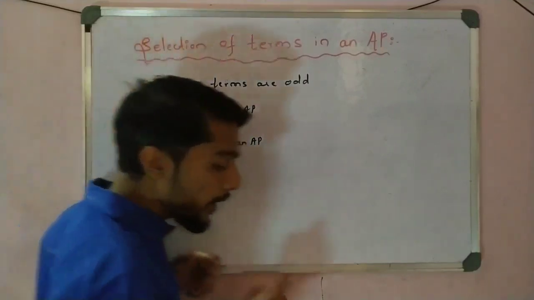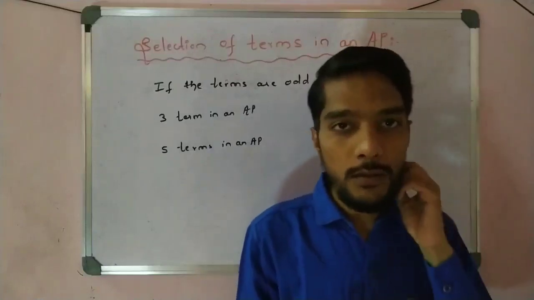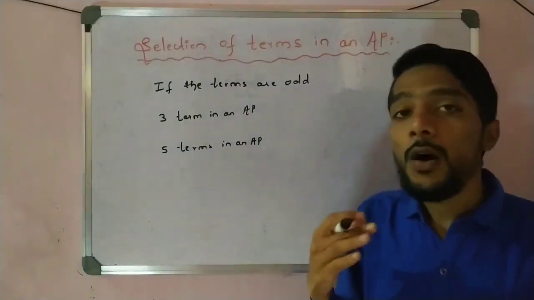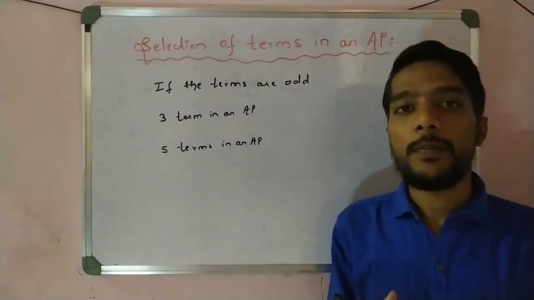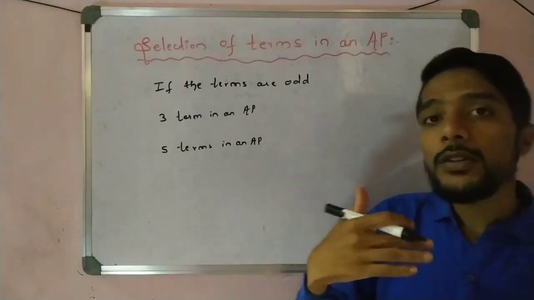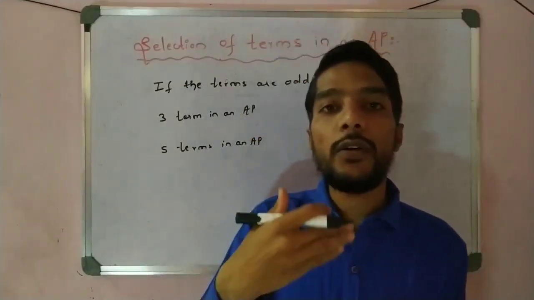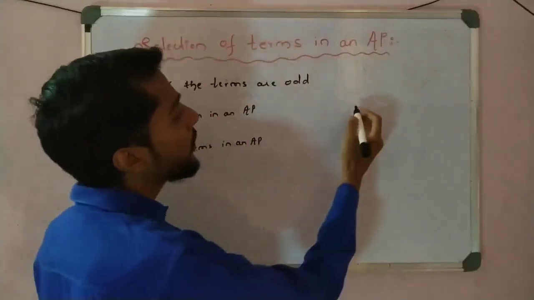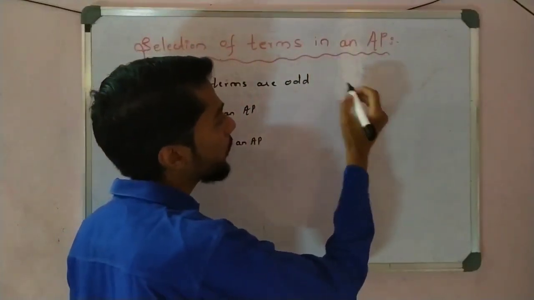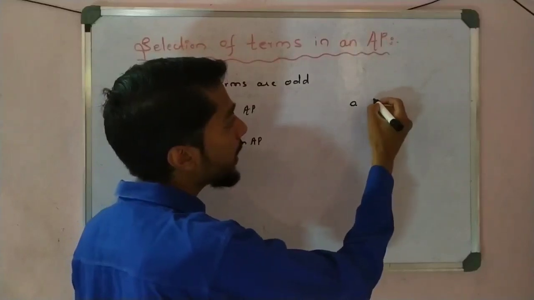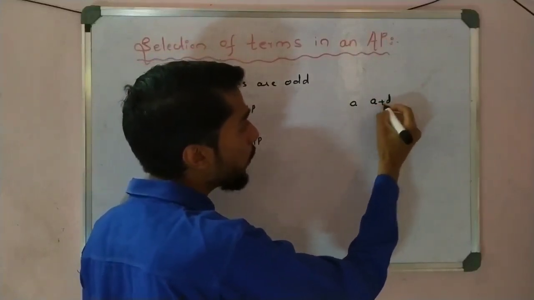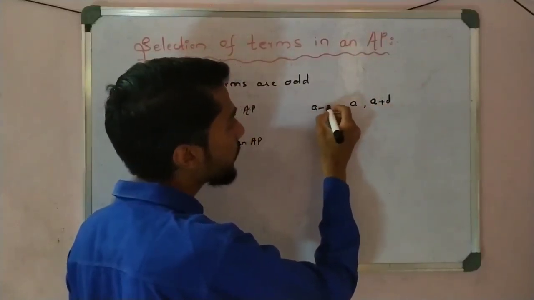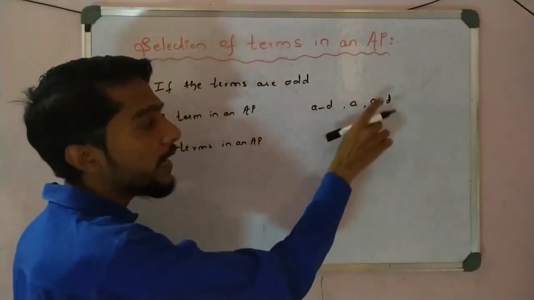Here, very important, you have to memorize these formulas. This is another formula: how to select the terms in an AP. If 3 terms of an AP are given, you have to select like this. The center term is a, on one side I take plus d and on the other side I take minus d, because the d's cancel and we get a.